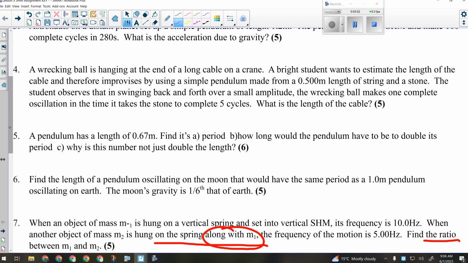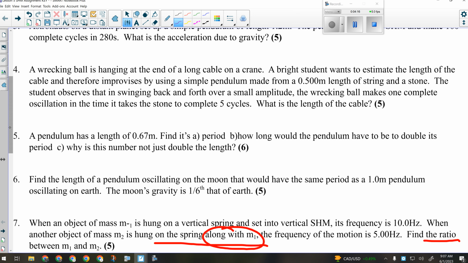The student observes that in swinging back and forth over a small amplitude, the wrecking ball makes 1 oscillation in the time it takes the stone to complete 5 oscillations. What is the length of the cable? So this is another one where you probably have to do one calculation about the first pendulum and use that to help you with the second pendulum.